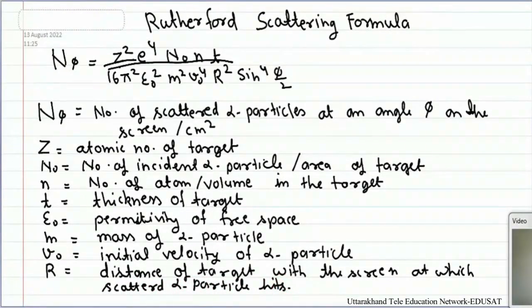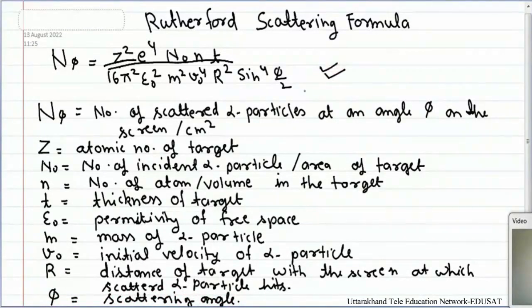And then sine to the power 4 phi by 2, where phi is the scattering angle. So this is basically the formula for the Rutherford scattering, and I am not going to derive it, but let us recall this formula as it is.